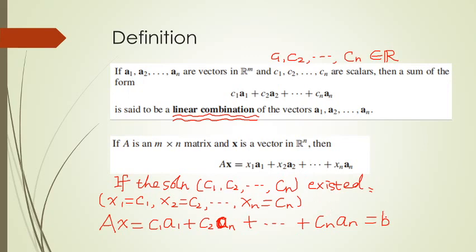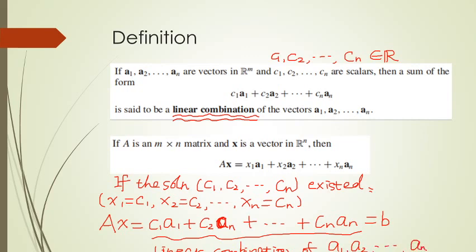then the right side constant b can be represented as the linear combination of the column vectors a1, a2 until an.